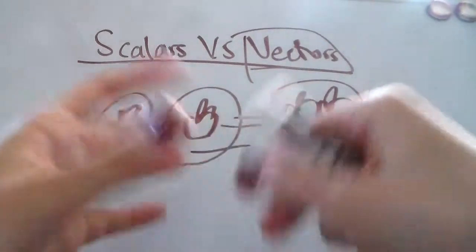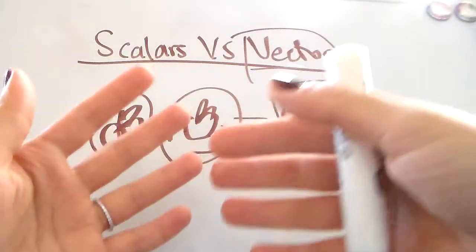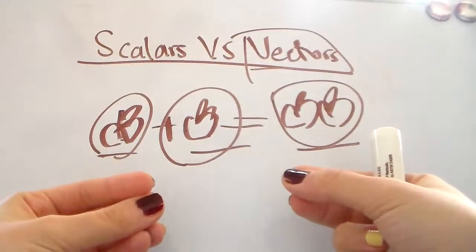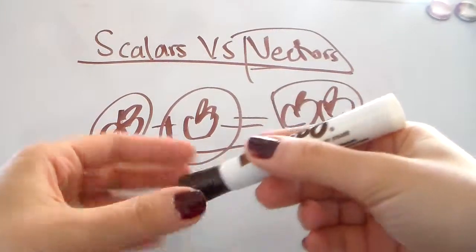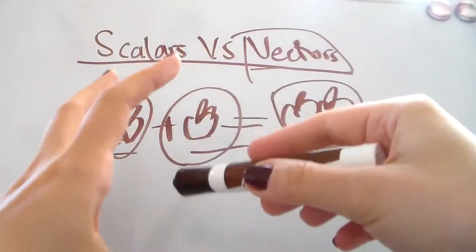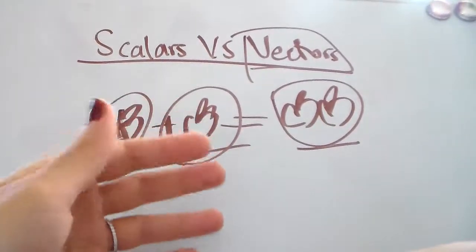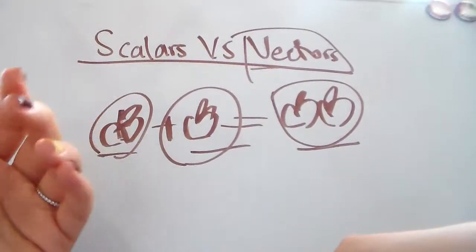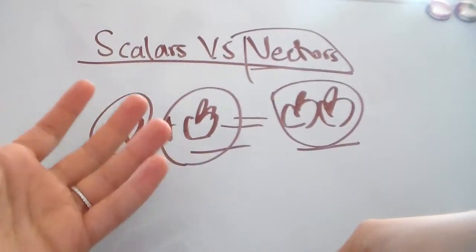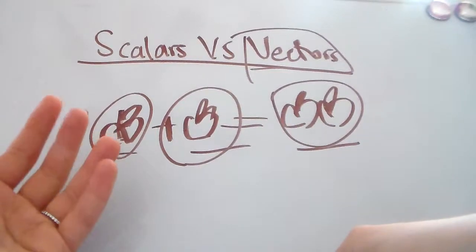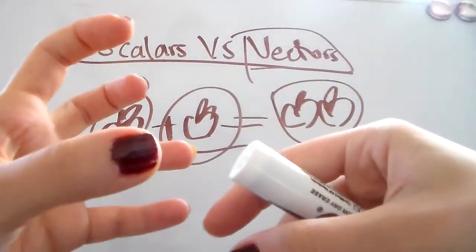Knowing about scalars, we know how to add them and subtract them from one another, and it's just something we are so used to. For example, if I'm 130 pounds, go on a vacation and gain 5 pounds, my current weight is going to be 135 after I come back.